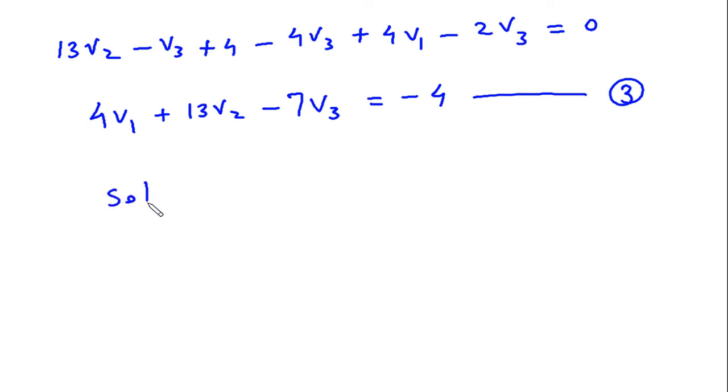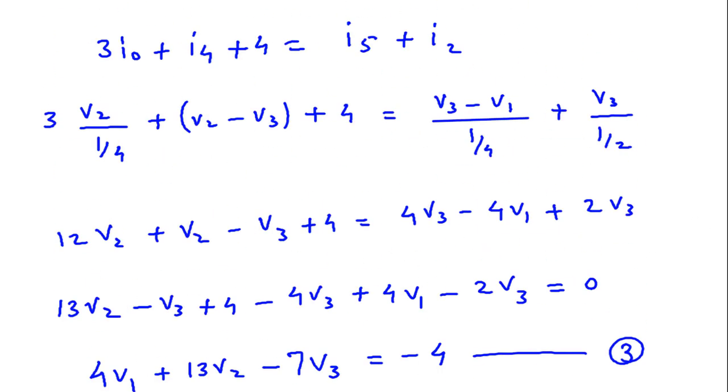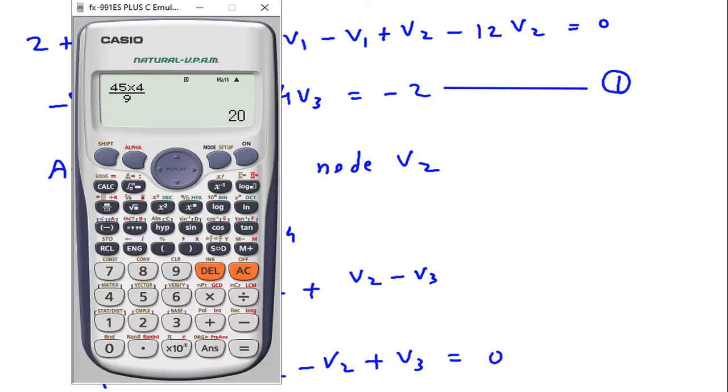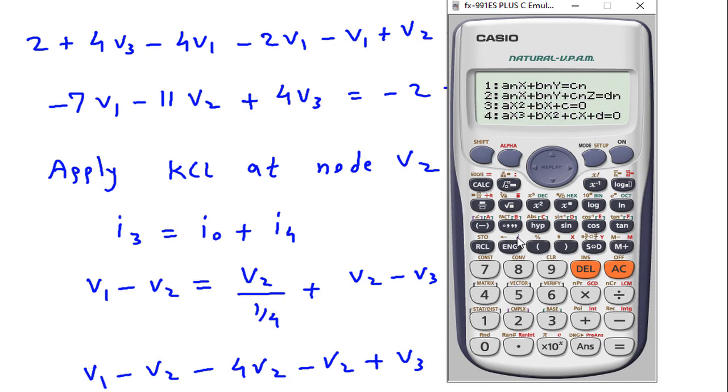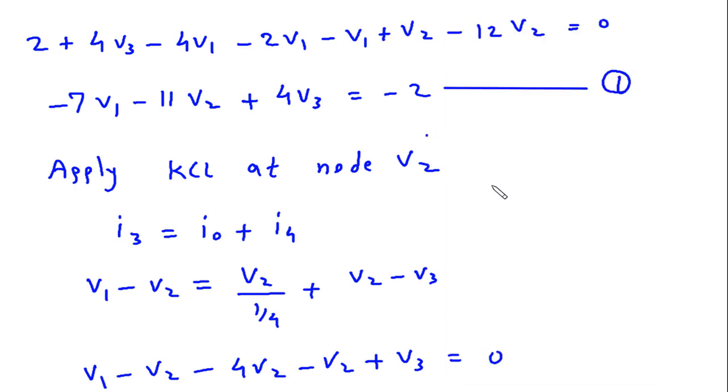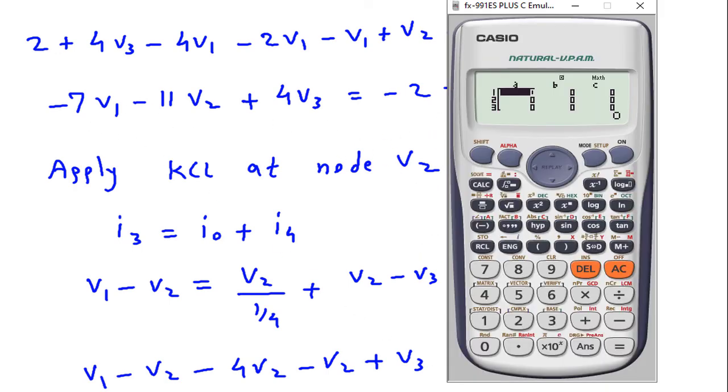So solving equations 1, 2 and 3, we will substitute these values in the calculator. We can also solve this using Cramer's rule. Three unknowns are there, so from equation number 1: minus 7, minus 11, 4, minus 2.